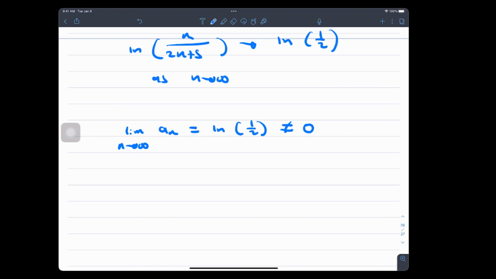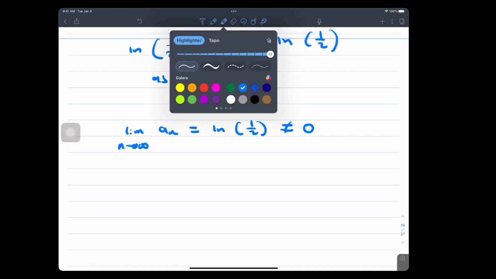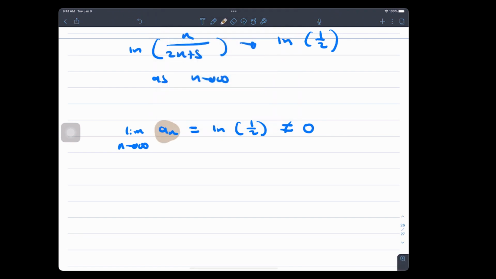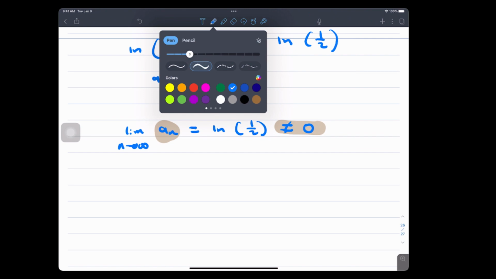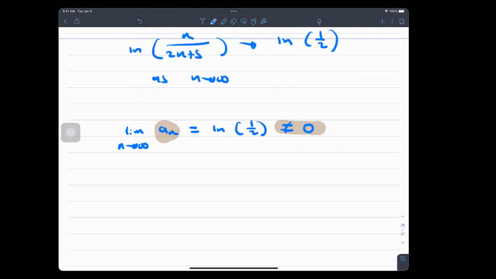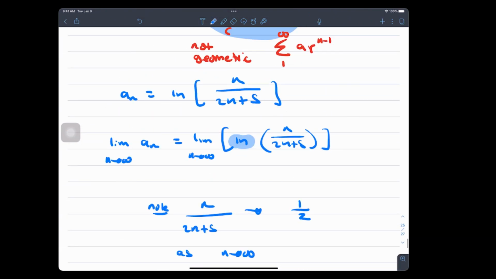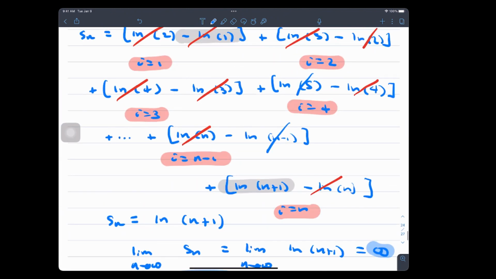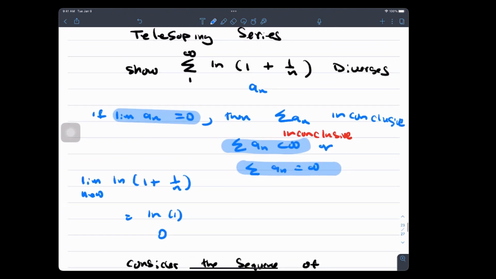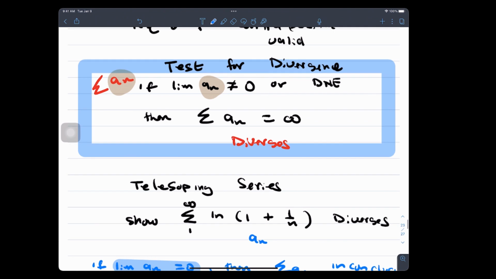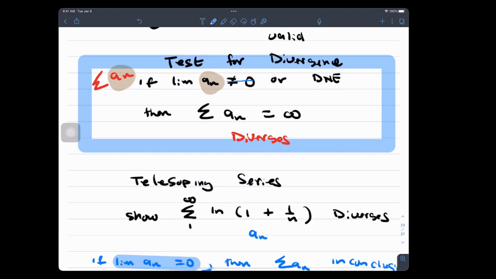What does that mean if the limit of an is not 0? If the limit of an is not 0, then what can we conclude?